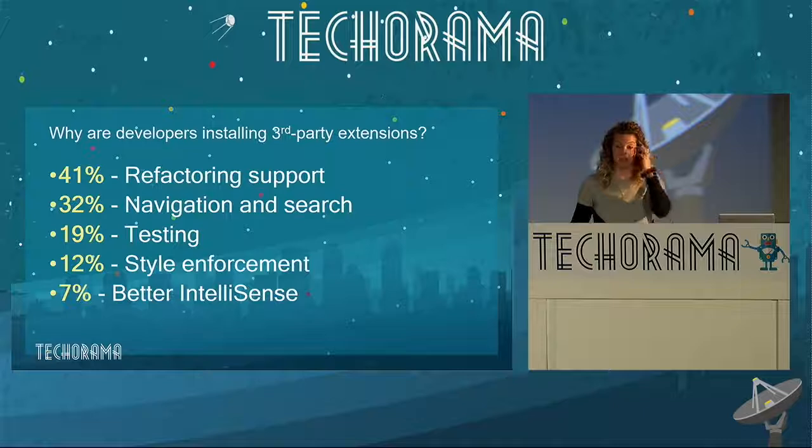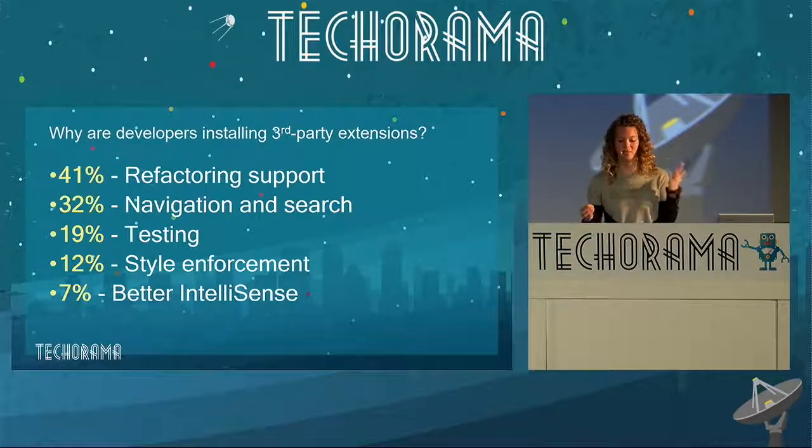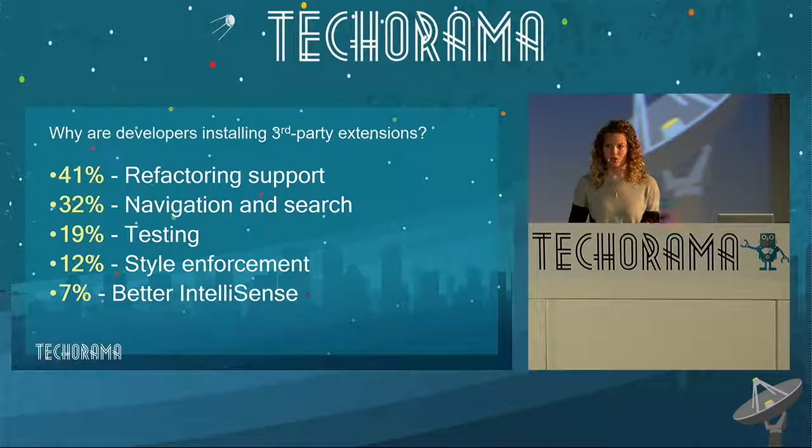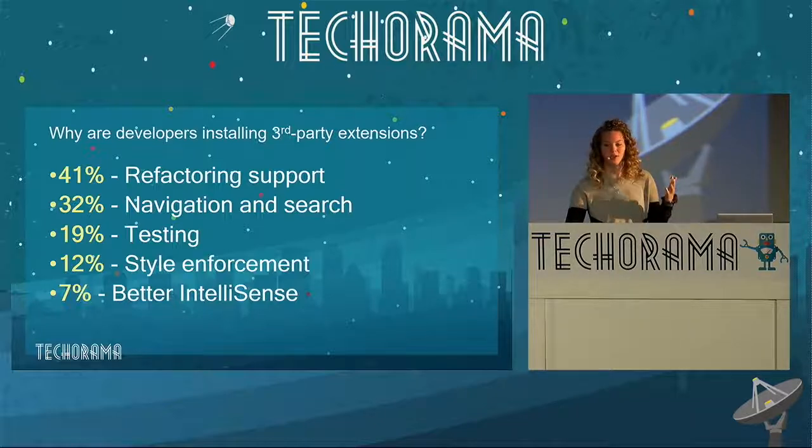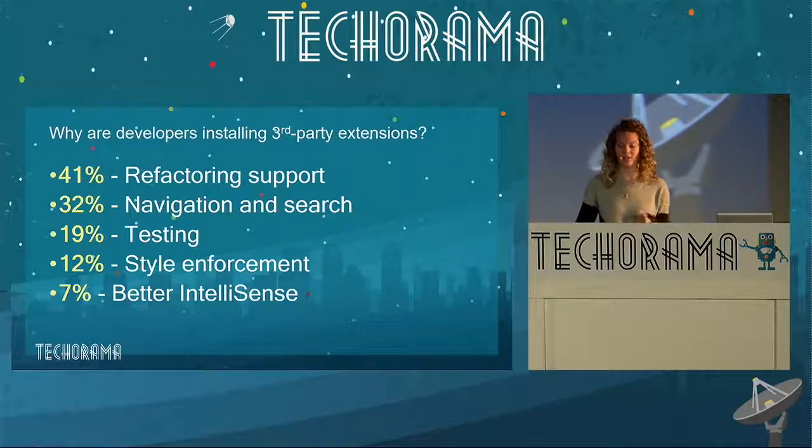And in the meantime, people were installing a lot of third-party extensions so that they could be productive right away in Visual Studio. And basically, they found 5 things kind of missing or that needed work in Visual Studio, and these were the top 5. And so now that we have Roslyn and we can ship these things quicker, we really focused this release on improving productivity in these 5 sectors.